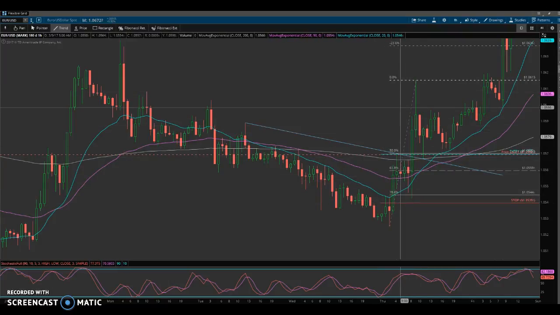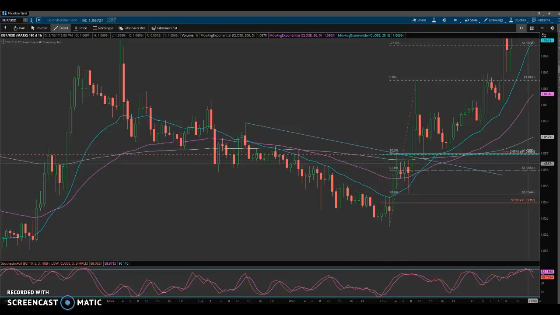And once I saw it break this 1.057 level, I was looking to get in there. I just needed a few extra reasons for entry, and we have this trend line there, and the 50% retracement, the support and resistance line.